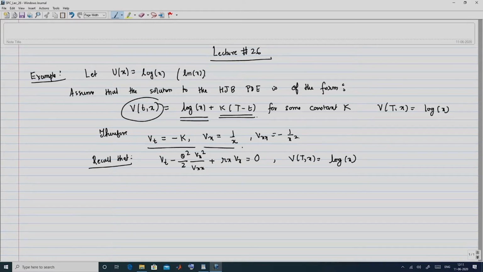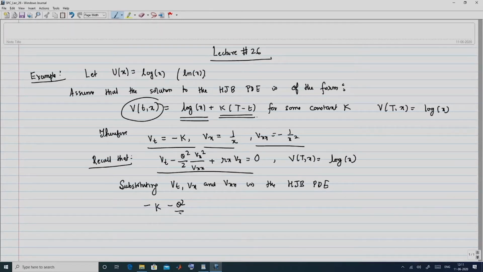Now we can substitute these three evaluated expressions in the HJB PDE, and we get minus k minus theta square by 2 times (1 over x square) divided by (minus 1 over x square) plus r x into 1 over x is equal to 0, which implies that k is going to be equal to r plus theta square over 2.